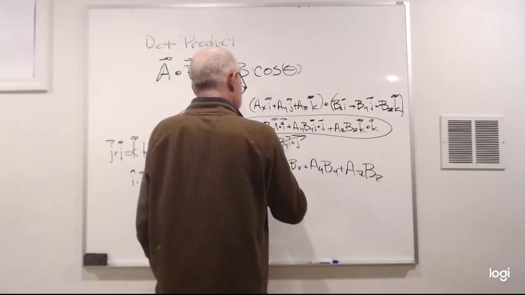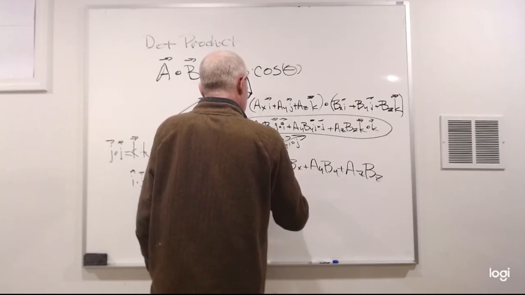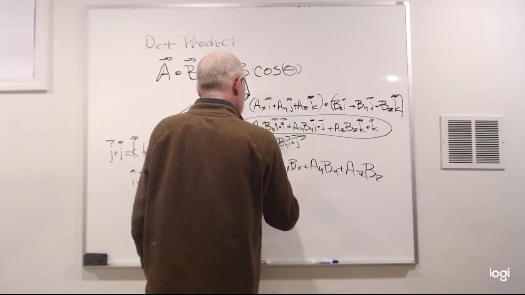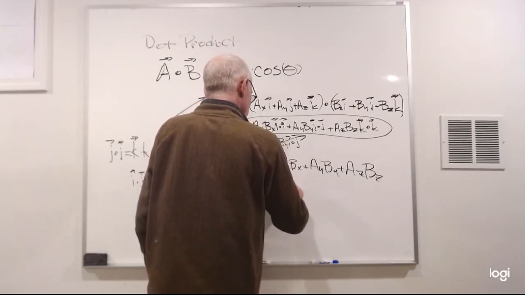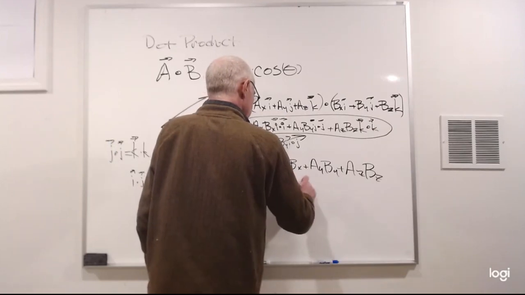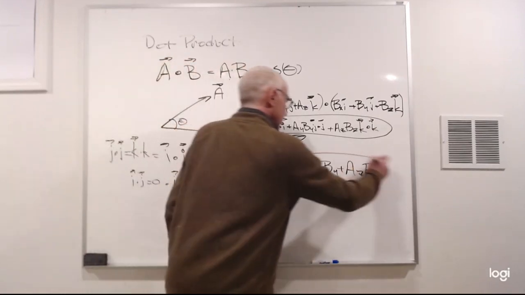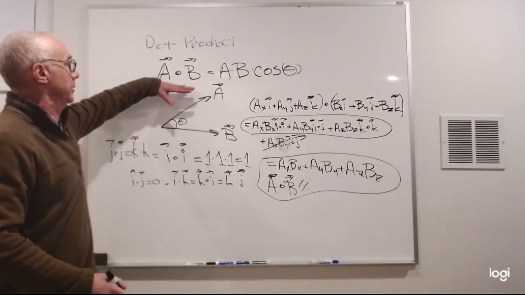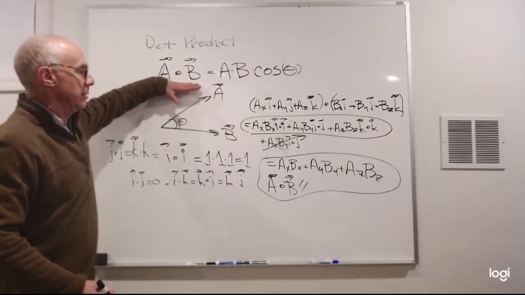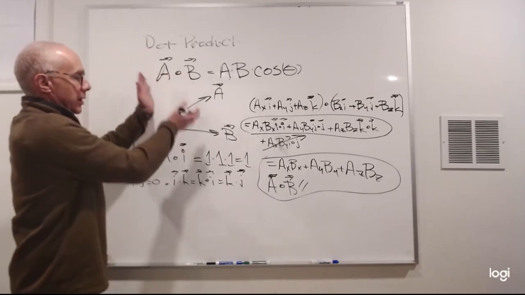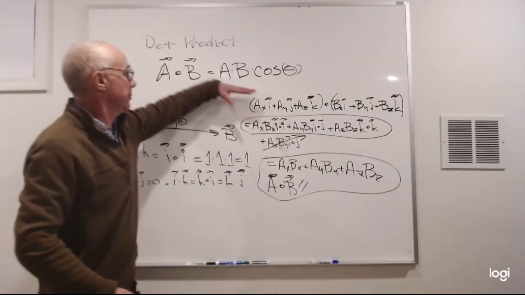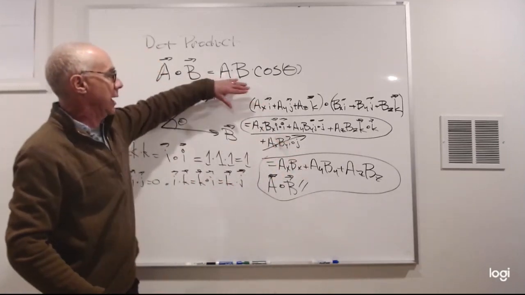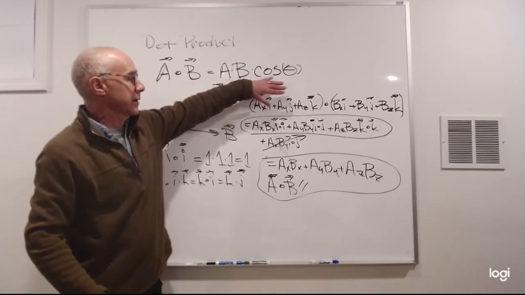So I'll write it here. A dot b equals that term here. Right, so that's the relationship we're looking for. So if you want to evaluate a dot b, you take the vectors, you can evaluate that, and that's going to be equal to the magnitude of A times the magnitude of B times cos theta.